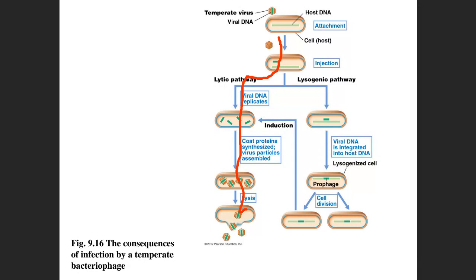However, the Lambda virus also has the ability to follow a lysogenic cycle, the green, let's say. It can do this. Okay, so why does it do that?